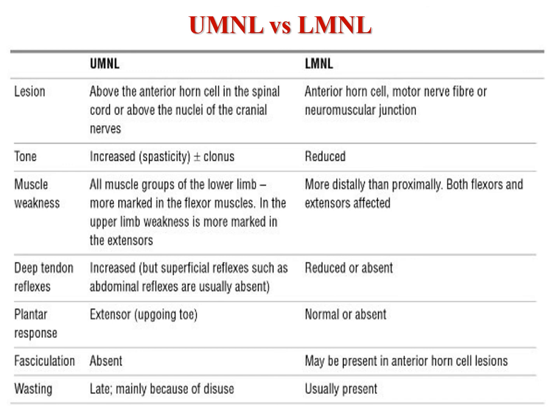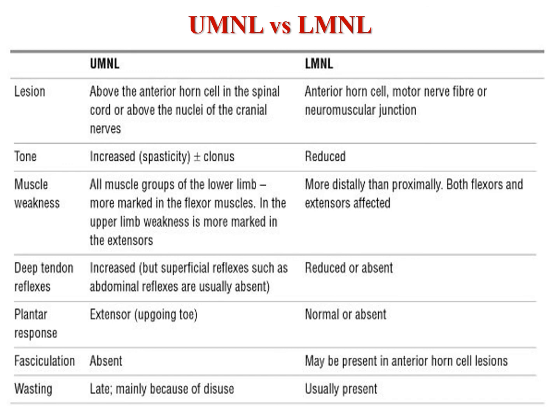But in case of upper motor neuron lesion, the response is exactly opposite. There is extension of the great toe and fanning of the other toes. In case of a lower motor neuron lesion, a plantar response can be normally present but usually is absent.